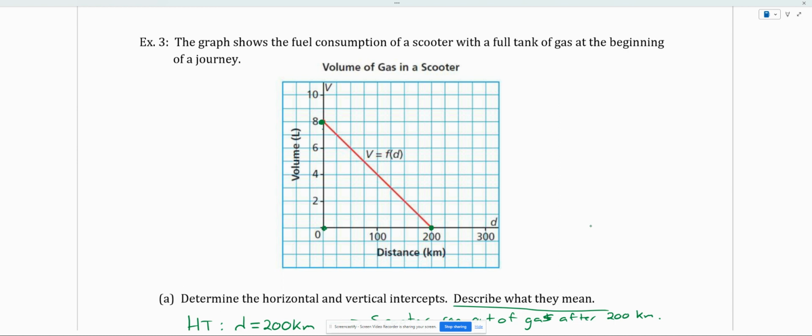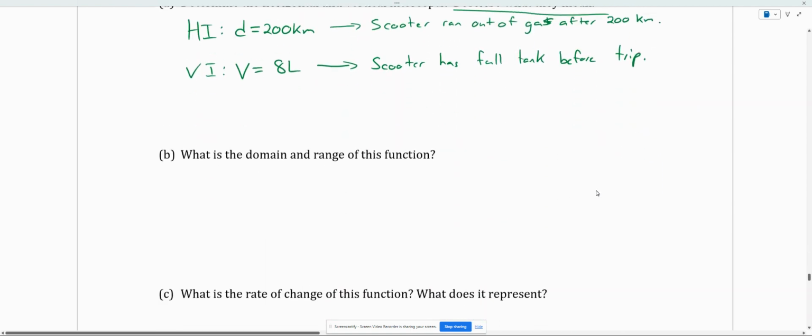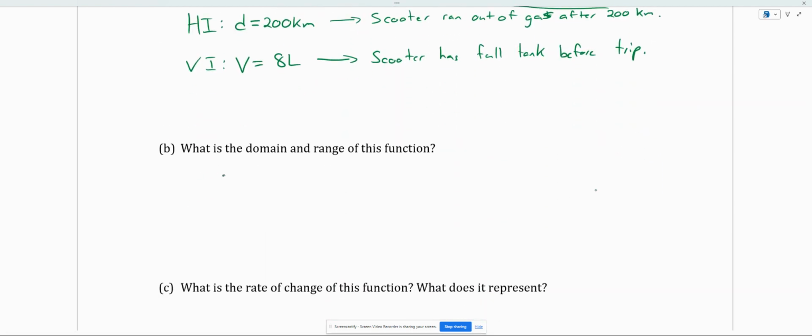So it goes from here to here. Makes sense that we don't have any negative values included here. So our domain is 0 is less than or equal to d is less than or equal to 200, because that's the furthest we can go before running out of gas.